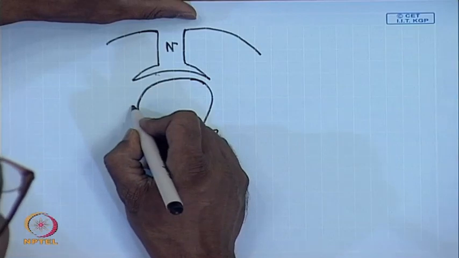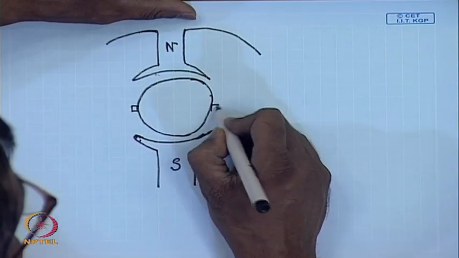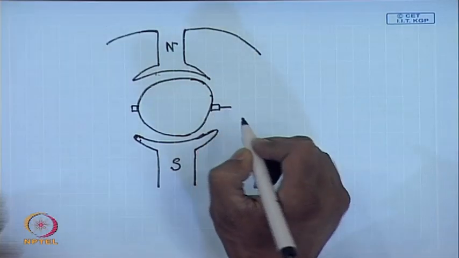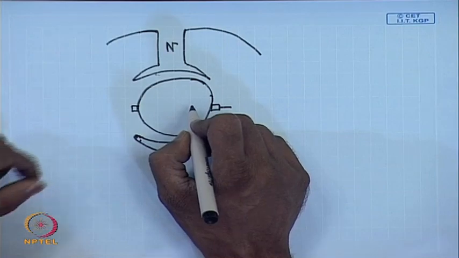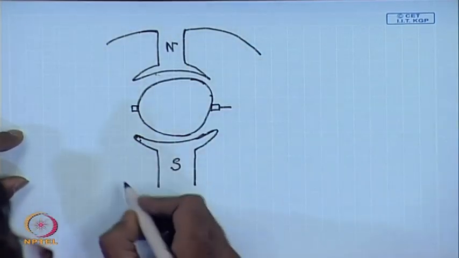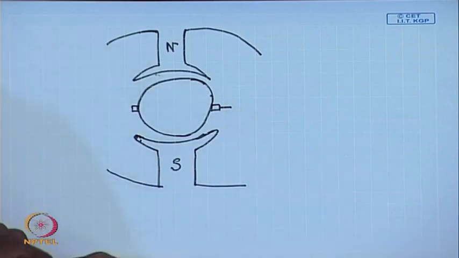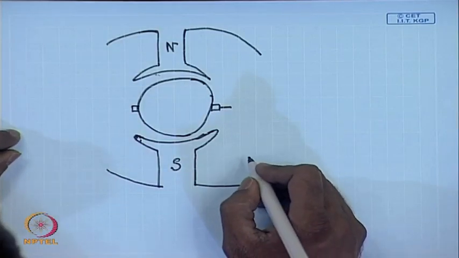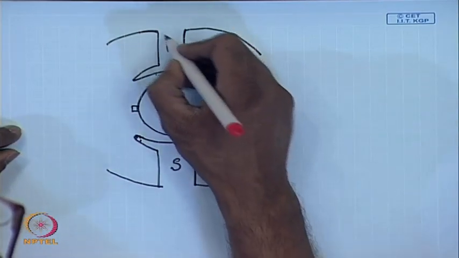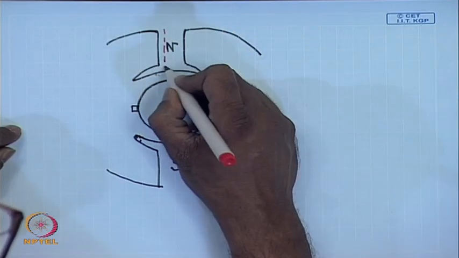These are the brushes. The main flux out of this flows in this direction.